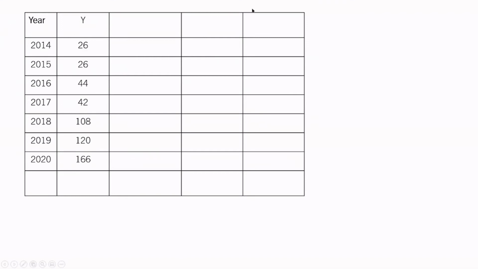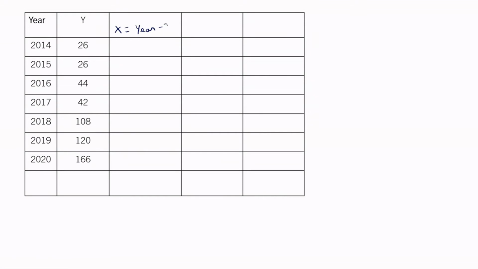So let us draw a table like this. Whatever is given in the question is written here. We have year and the required y values are written here. So let us take x equal to year minus, here the number of years is 7. So the number of years is odd. So we can take the origin as the year in the middle.